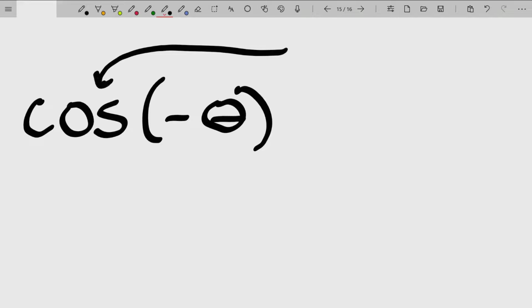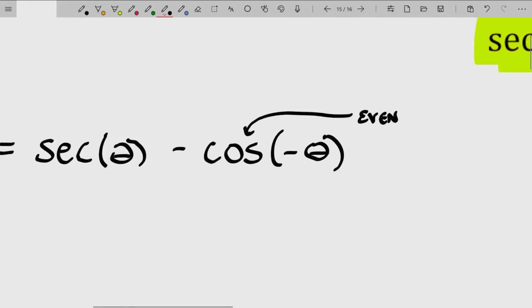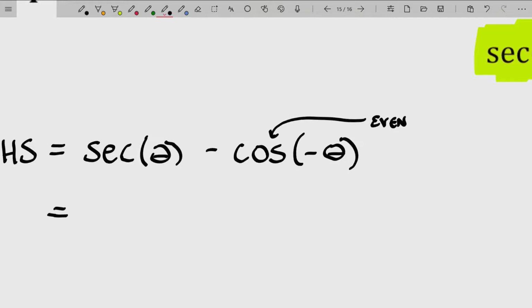Just point an arrow at that and say even, which means that the cosine of negative theta will turn into the cosine of theta. So I'll go ahead and write that down. This is going to equal the secant of theta minus, and I'll use blue just to showcase that this is the piece that just changed. And it's because it's an even function.